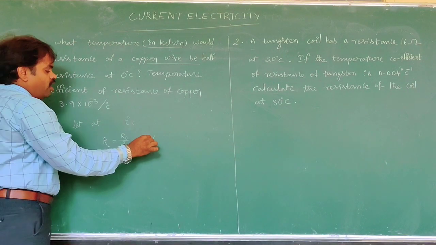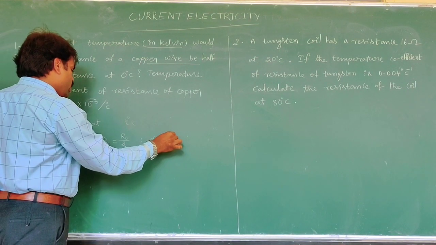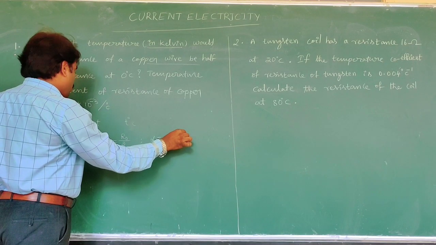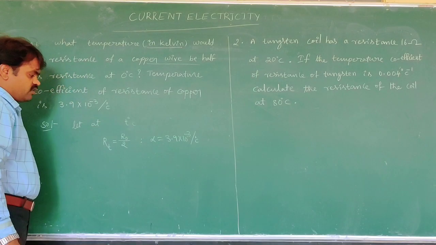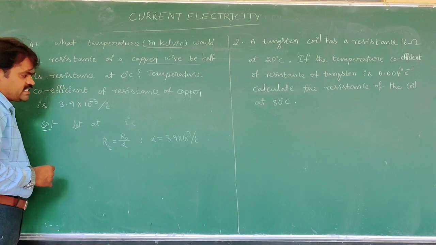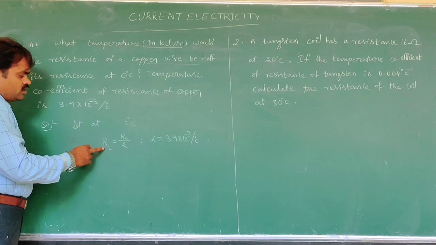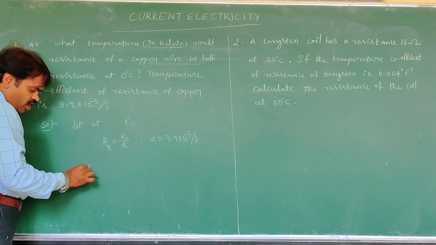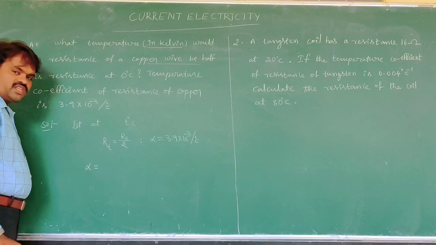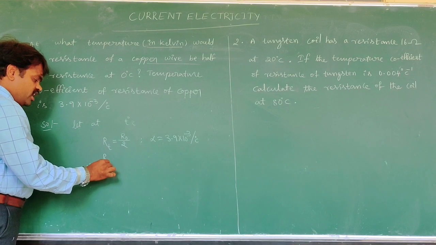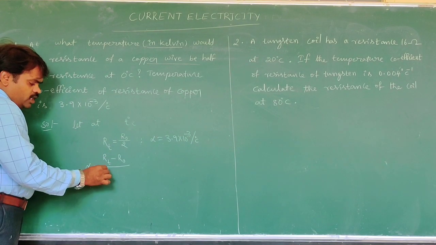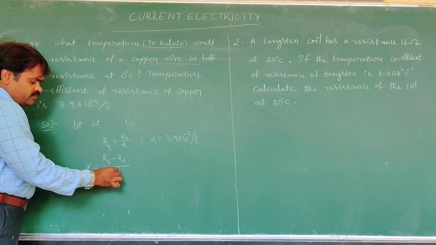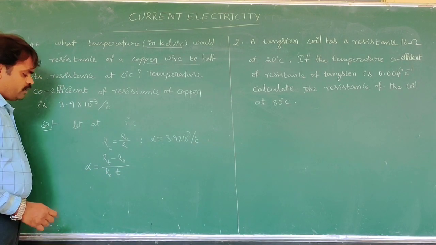Now they have given alpha. What is alpha? 3.9 into 10 to the power of minus 3 per degree Celsius. Now we know the formula for alpha, the temperature coefficient of resistance, is RT minus R0 by R0 into T. Now they are asking about the temperature.